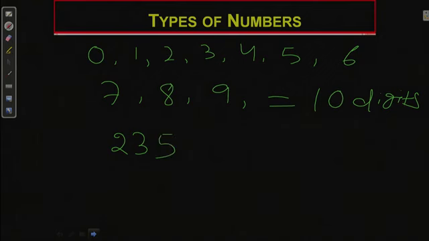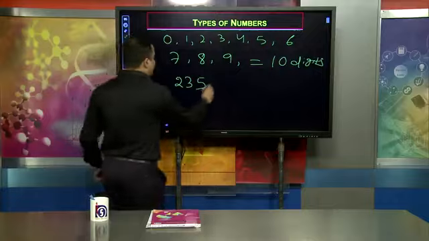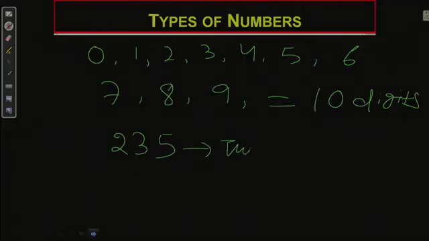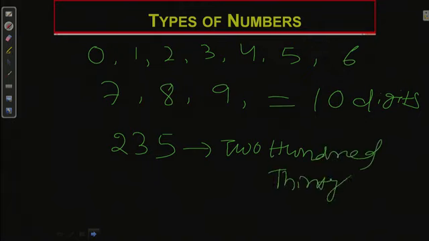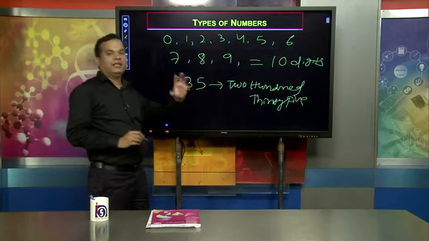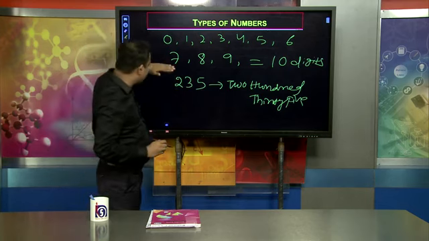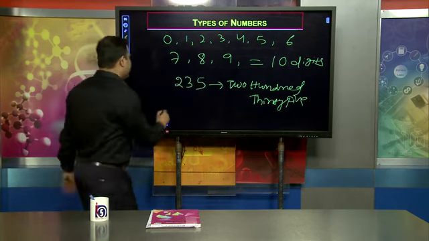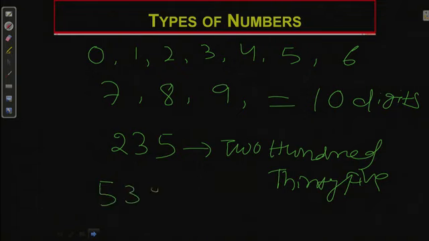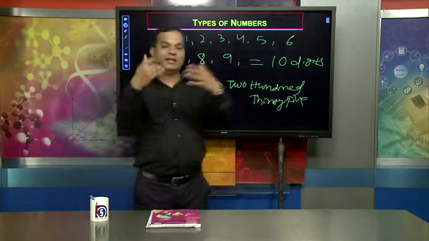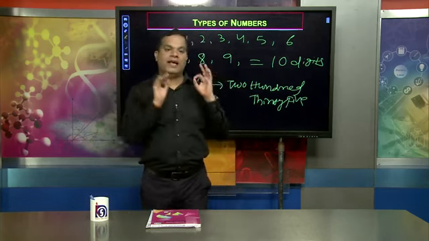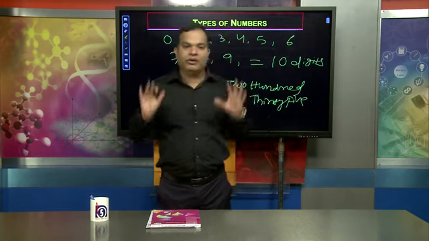When we arrange 2, 3, 5, it becomes 235. So in 235 there are 3 digits, arranged like 2, 3, 5. The same digits can be arranged like 5, 3, 2, that means 532. So we can say the arrangement of digits is simply what we call a number.